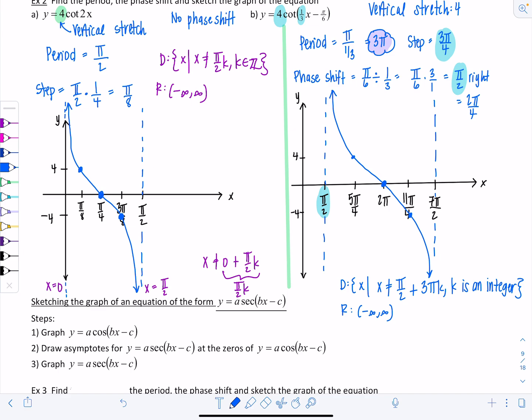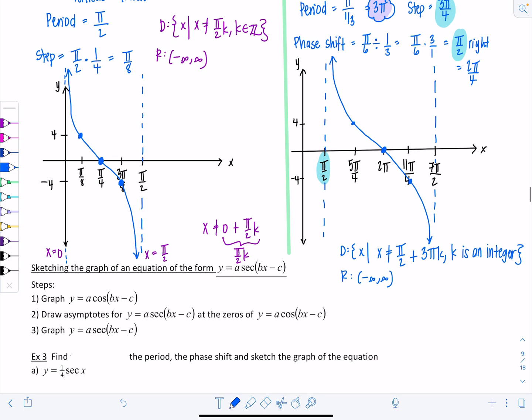So wherever cosine is 0, secant's going to have an asymptote. And then they share all the max and min values. So all the maxes on the cosine graph, secant will also include, and all the mins on the cosine graph, secant will also share. Because those are the points where cosine is 1 and -1. And so secant will also be equal to 1 and -1 there, because the reciprocal of both those numbers are themselves. All right, here we go.